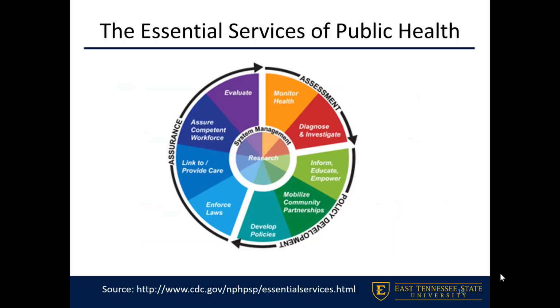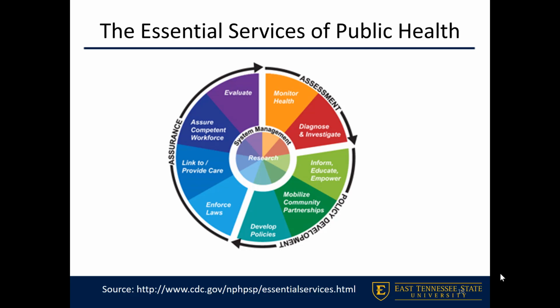But here, I think, is a good visualization that overlays the core functions of public health with the 10 essential services. So when the core functions were developed, there are these broad terms and ideas of what public health should be doing.